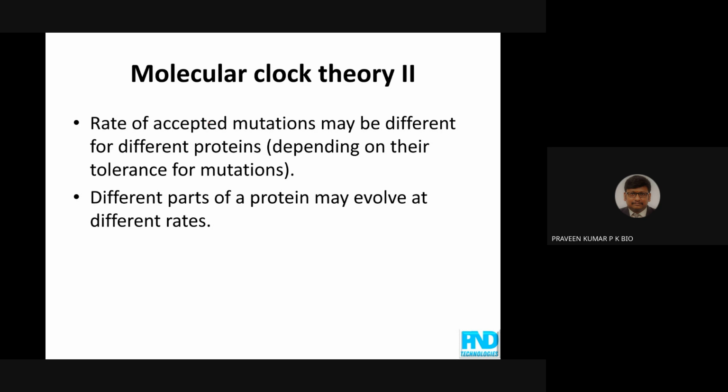Now about molecular clock theory 2. This is a modified one when compared to the previous one. The rate of accepted mutations may be different for different proteins. See, if you see the insulin protein, we have seen an example, insulin protein, when we compare Homo sapiens with other species in BLAST as well as FASTA, we got the most closely related species is Sus scrofa.